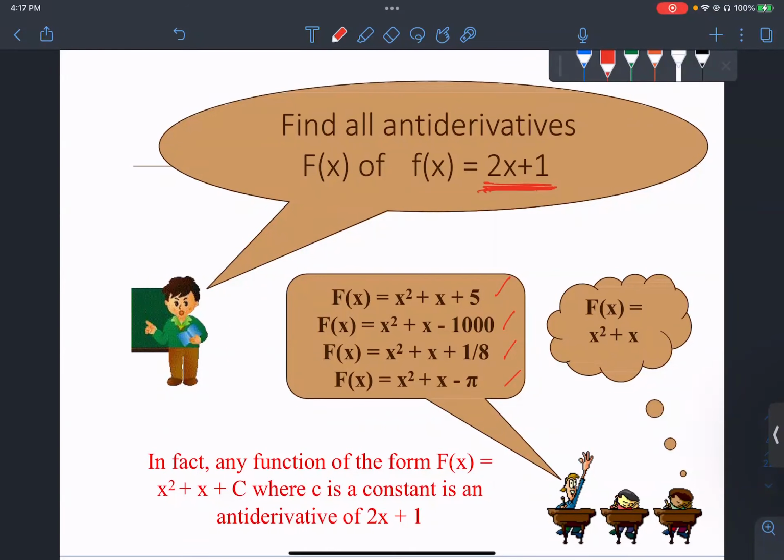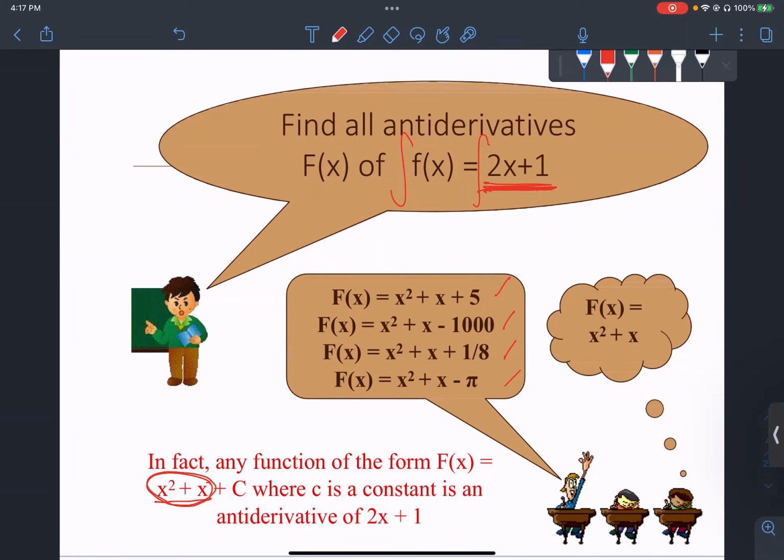And if I integrate 2x plus 1, I will be able to get a certain function, which is the antiderivative. The antiderivative there is x squared plus x.